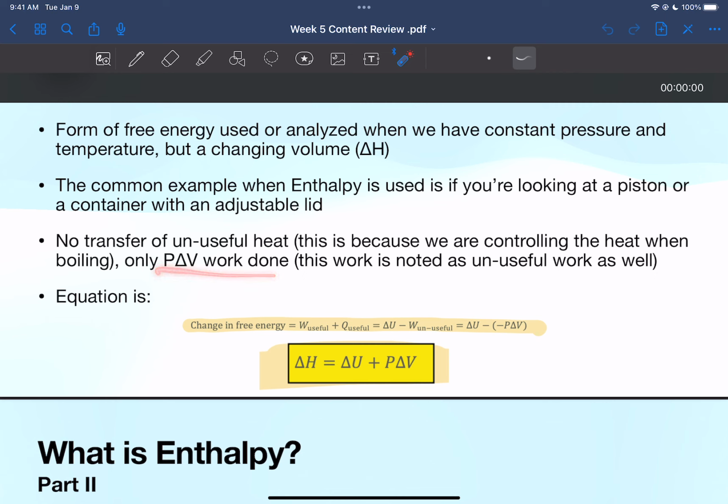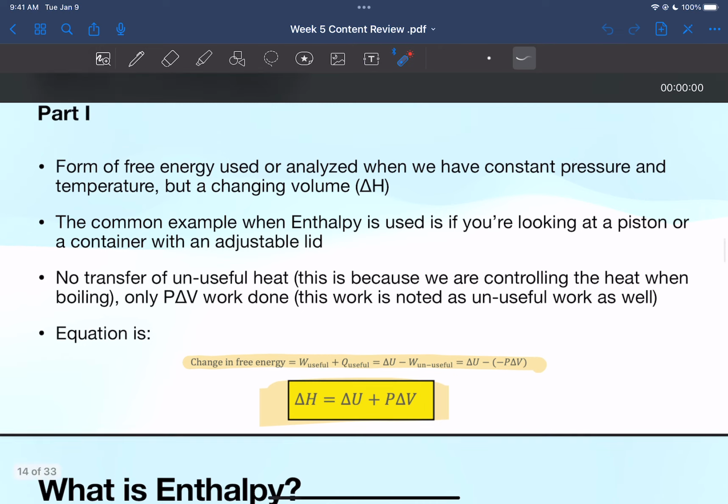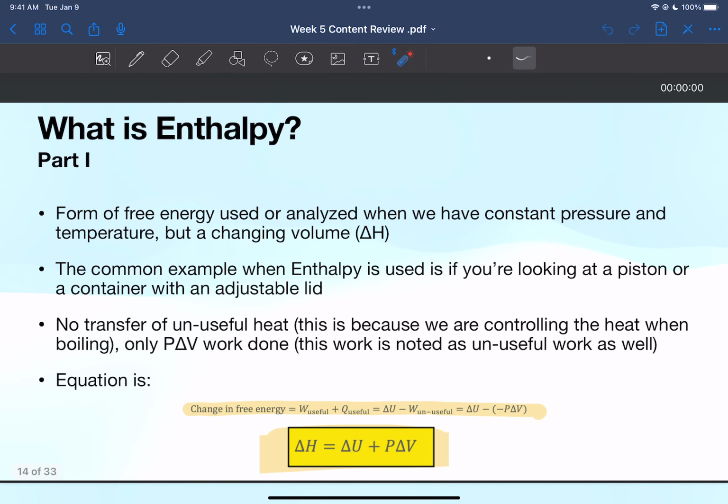But yeah, so that change in free energy, right, that doesn't have a transfer of unuseful heat, but does have unuseful work in the form of PV work, pressure-volume work, we define that as enthalpy. And enthalpy, once again, is a form of free energy that we analyze when we have constant pressure and temperature, but a changing volume. Constant pressure and temperature, but a changing volume, right?